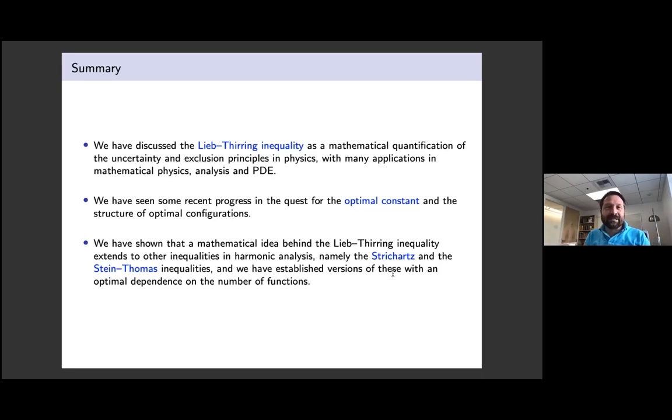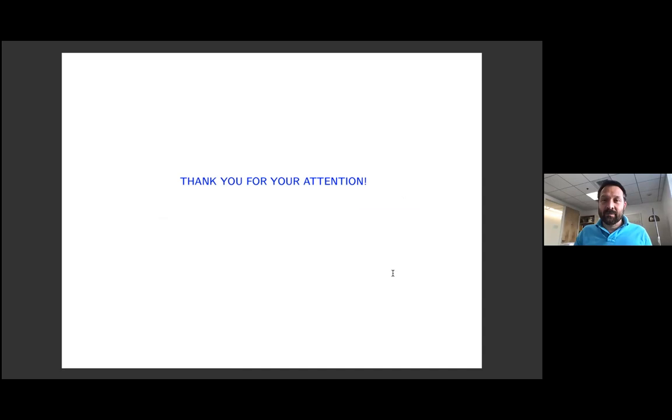This basic idea is not at all restricted to this original setup from Lieb-Thirring inequalities, but also to inequalities that are nowadays heavily discussed in harmonic analysis and heavily used in PDE theory. They have versions where this Lieb-Thirring principle applies. And we have proved in some of these inequalities an optimal dependence on the number of functions, and several questions there remain. That's all I wanted to tell you. Thank you very much for your attention.